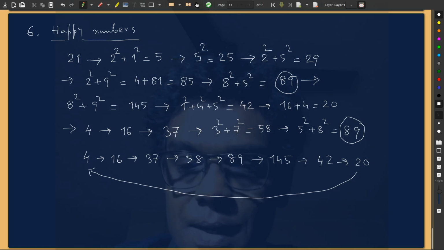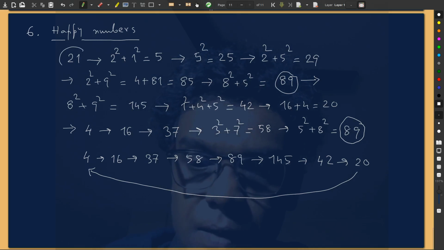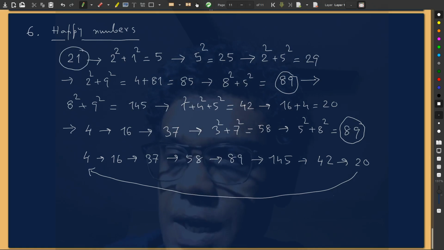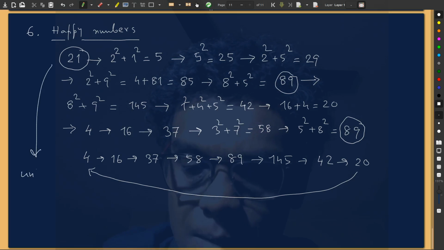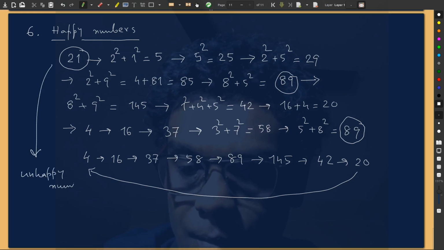Okay. So such numbers, I started from 21, I eventually ended up in this loop. So this is called an unhappy number. Or also called a sad number.